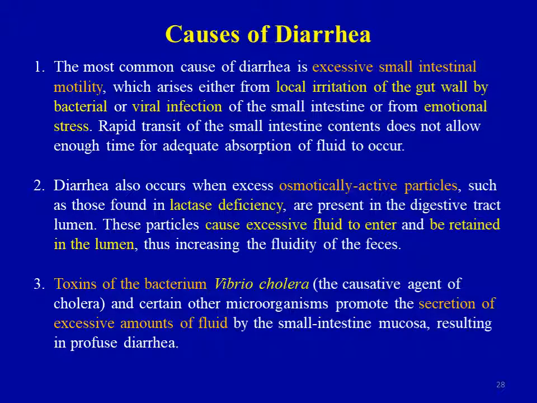Another cause of diarrhea is toxins of bacteria, like the cholera toxin, the causative agent of cholera, and certain other microorganisms, which promote the secretion of excessive amounts of fluid by the crypts of Lieberkühn. So the cholera toxin will stimulate the secretory cells in the crypts of Lieberkühn to produce a large amount of intestinal juice, and we call this secretory diarrhea. And this will result in profuse diarrhea, electrolyte imbalance, and severe dehydration.